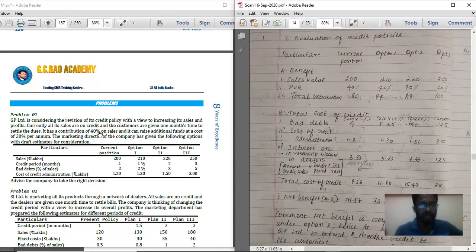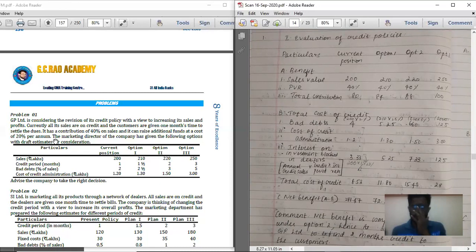They have clearly mentioned it can raise additional funds at a cost of 20% per annum. So into 20% per annum. So interest on investment blocked in debtors for the current question is 3.33 lakhs. Simple. 3.33 lakhs. Okay, you understood.